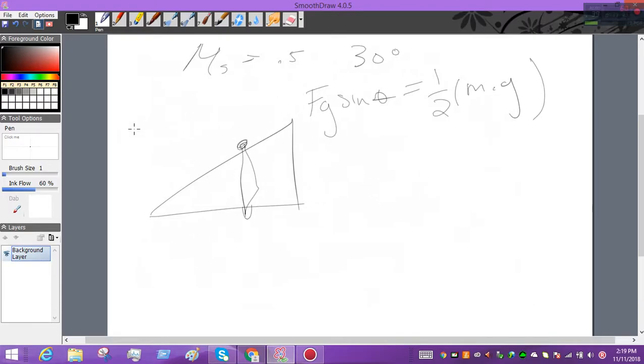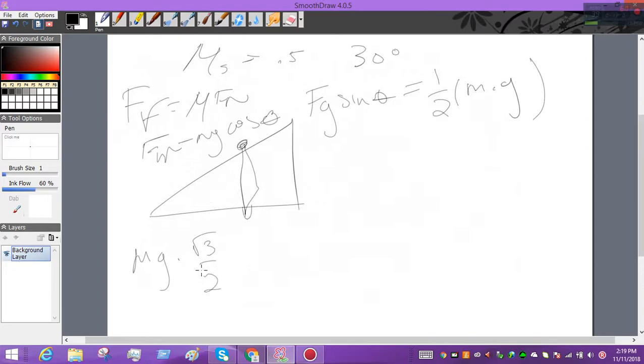Remember, our frictional force equals mu Fn, and Fn equals mg cosine of theta. So Fn equals mg times square root of 3 over 2, because that's cosine of 30, and then multiply that by 1/2.